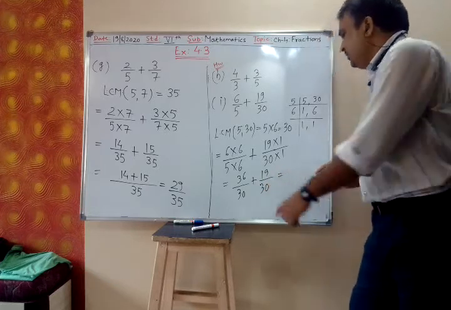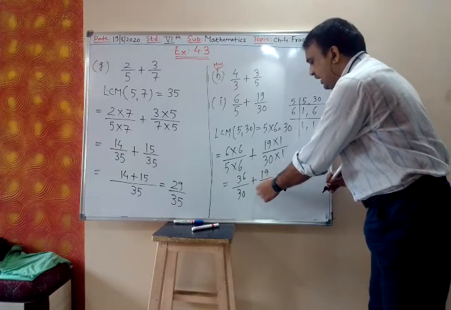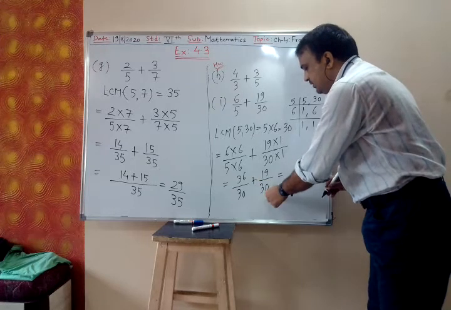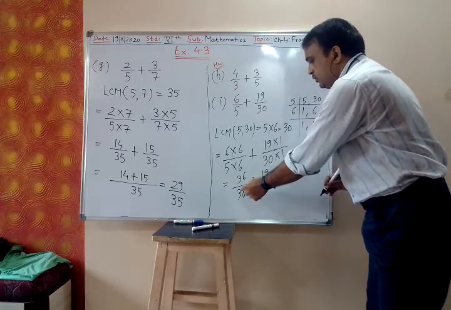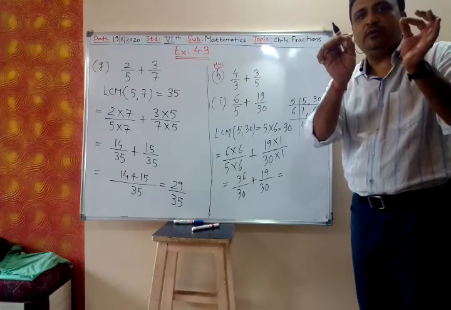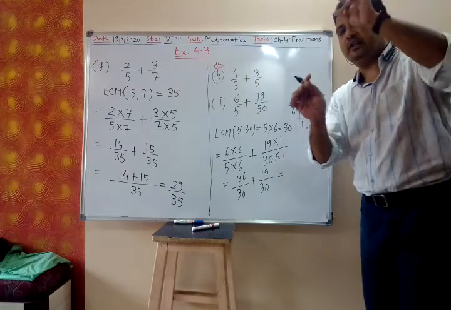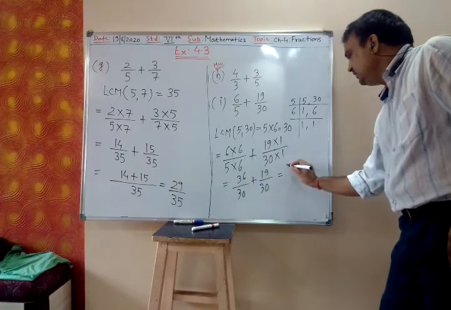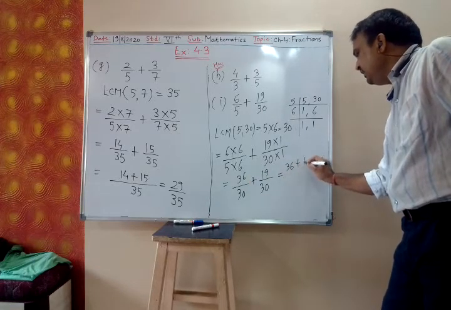Now 36 upon 30 and 19 upon 30 are like fractions because their denominator is 30. So whenever you have two like fractions, I will take the denominator common and add the numerators. The numerators are 36 plus 19.